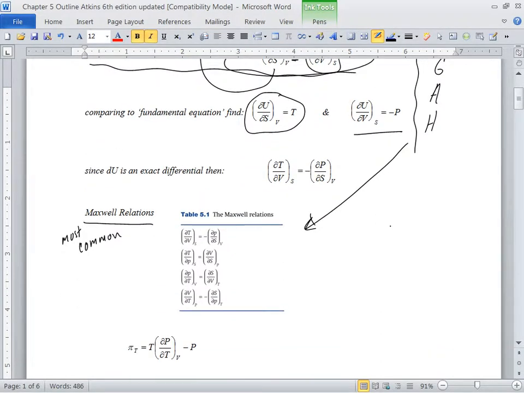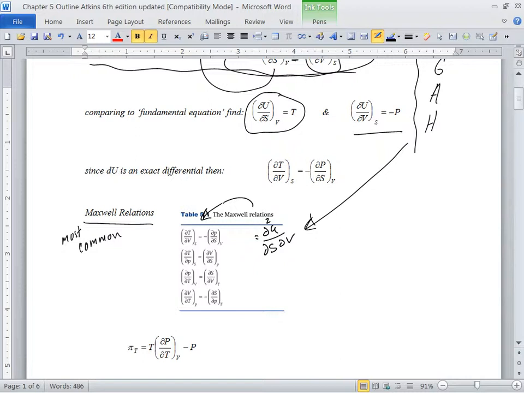I don't think you need to know this, but maybe it gives you some insight into stuff, like the second derivative of the internal energy. It doesn't matter whether you take it with respect to entropy or volume first. And out of that derivation, you get this.